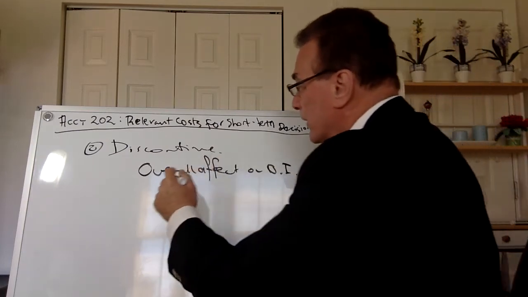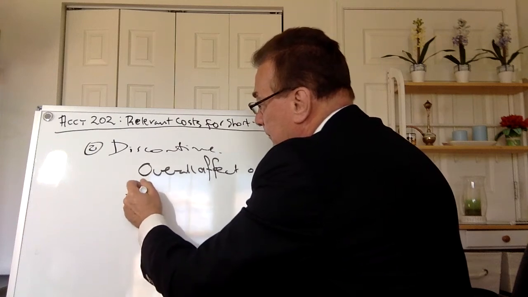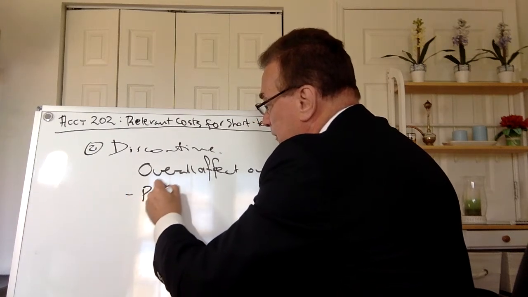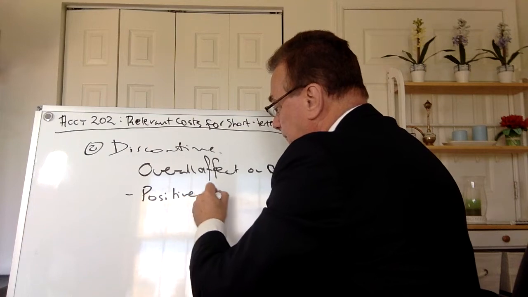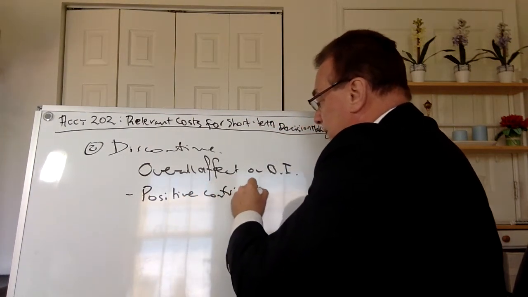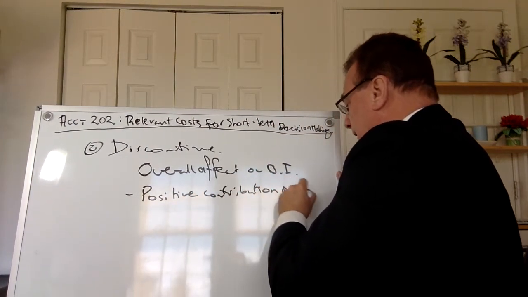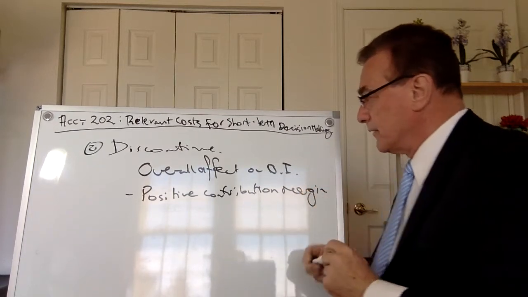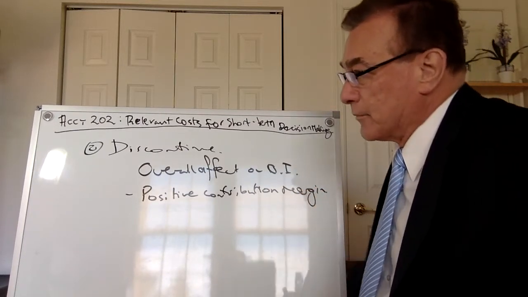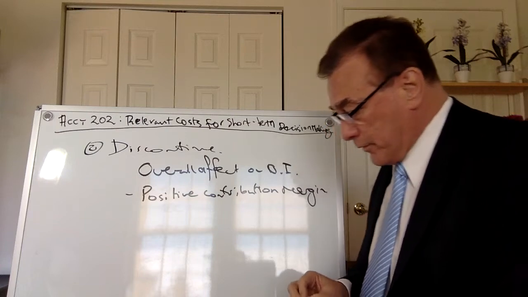All right. So what we look at there is, is there a positive contribution margin from this division? Does this division contribute profit in the contribution margin, in other words, selling price minus the variable costs?